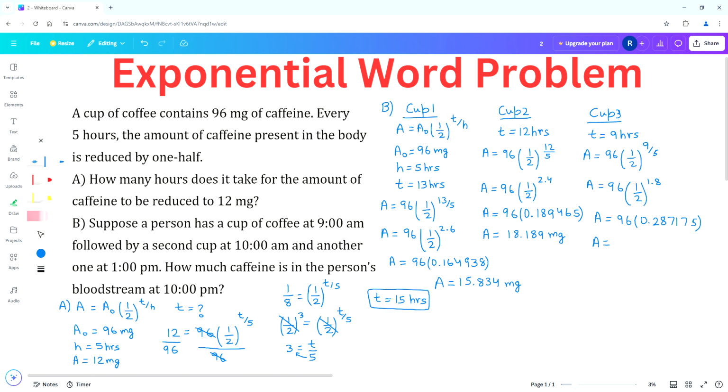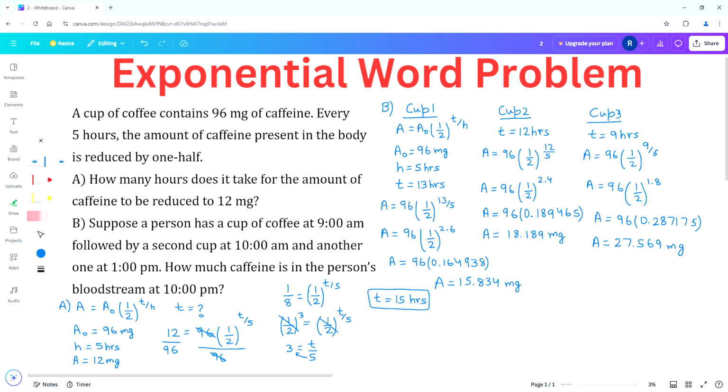Next, we can multiply 96 by 0.287175. I get 27.569. The unit is milligrams. This is the amount of caffeine left in the bloodstream at 10 p.m.